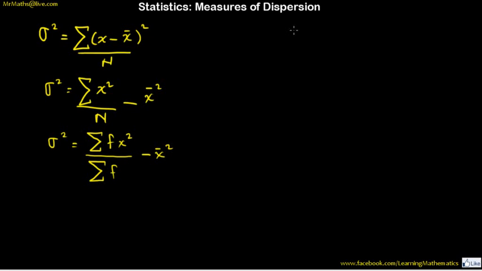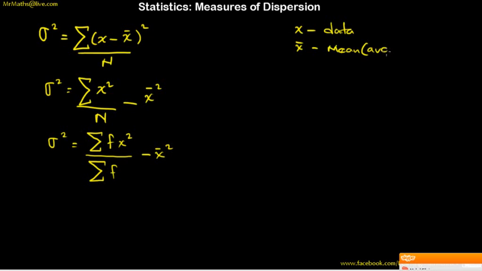X over here means the data itself, and x bar is the mean, or we can also call it average. Sometimes mean is also denoted by the Greek letter mu. So this is another symbol for mean.